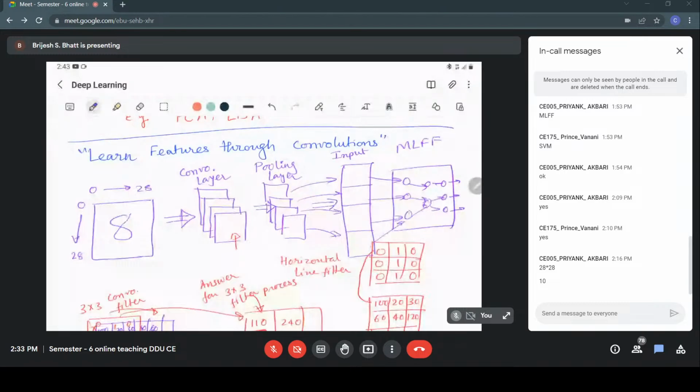Right, so this makes a complete convolutional network, and understand that you can put any number of convolution and pooling layers. If you have sufficient processing capability, put any number of convolution and pooling layers before you do the final multi-layered feed-forward network.